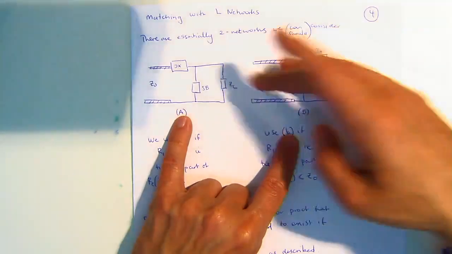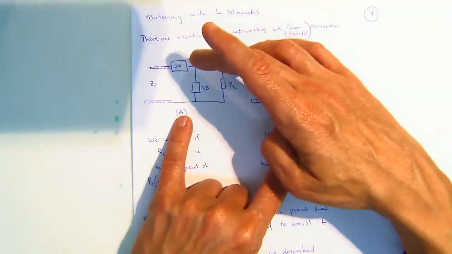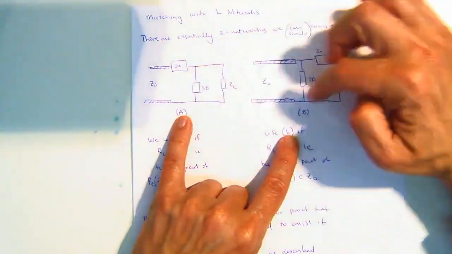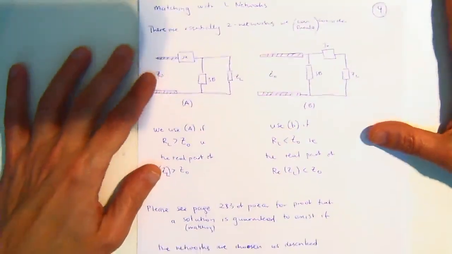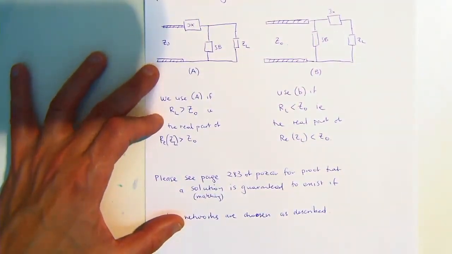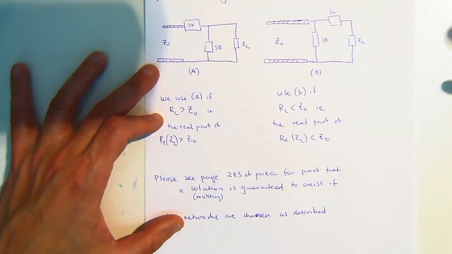This is if I'm going to be using lossless reactive components. Now, the question is, when would you use each one of these in order to do the matching? In most cases, there isn't a reason why you'd prefer one over the other.